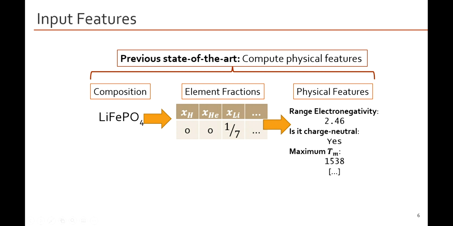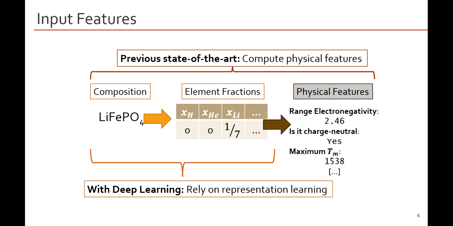In addition, we also throw in a lot of other features that we're not sure are important or not, like the maximum melting temperature of these compounds, and that gives us a good place to start with conventional machine learning. Rather, with deep learning, we forwent that last step and relied on the ability of deep learning models to do that representation learning, going from raw values and finding little features that we can bring together to supplant the need to develop them on your own.